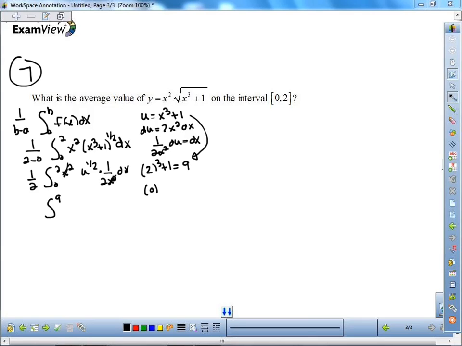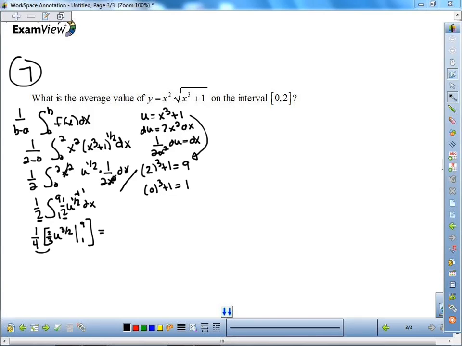And when x is 0, my lower bound is 1. It just helps so that I do not have to substitute u back. So 1/2 and 1/3 is just going to be 1/6. I just bring it down because it's a constant. So I'm going to add 1, so I get u to the 3/2 divided by 3/2, or multiplied by the reciprocal, and I'm going from 1 to 9.